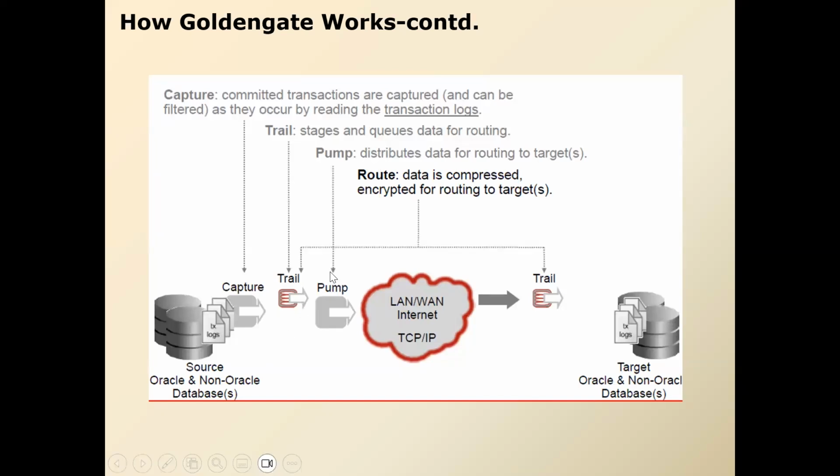So the extract process captures the data and writes to the local trail. Once the data is written into the local trail, the data pump process reads the data from the local trail, sends it over the TCP/IP network, and writes it to the remote trail on the target server. These trail files residing on the source machine, that is on the source database system, are called local trail.